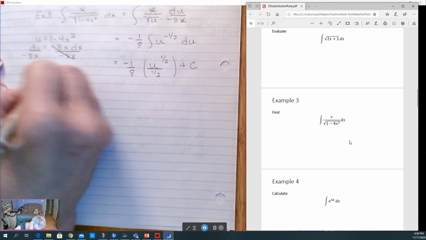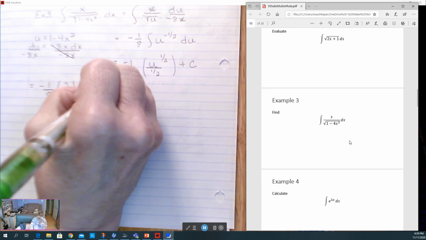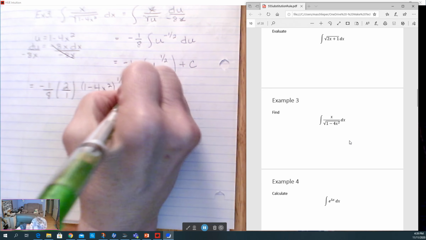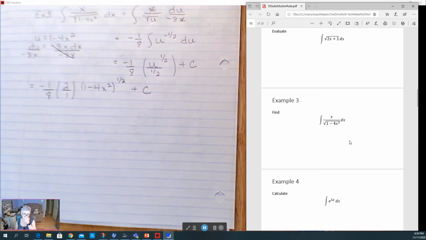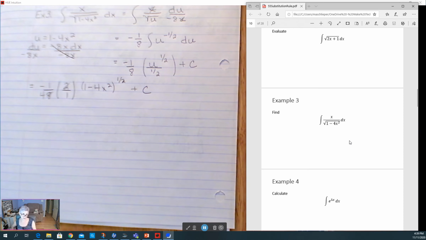Oop, 1 minus 4x squared. I looked up too high. You got the wrong u. 1 minus 4x squared to the 1/2 plus a constant. And of course, you could replace this with negative 1/4 instead of 2 over 8.